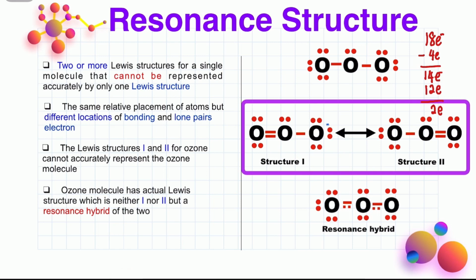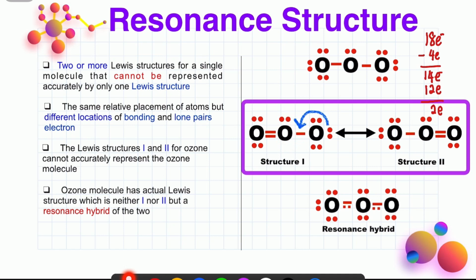It happens when this oxygen uses its lone pair to form a bond with the center atom. When it forms a bond with the center atom, there would be more than 8 electrons, because with the double bond it will have 2, 4, 6, 8 and 10 electrons around the oxygen.